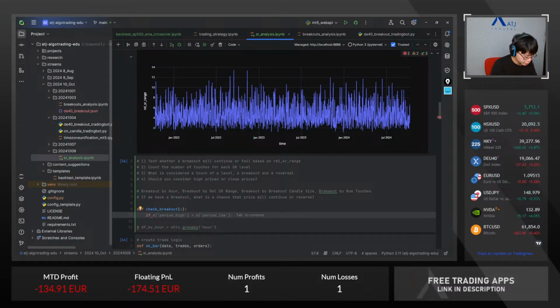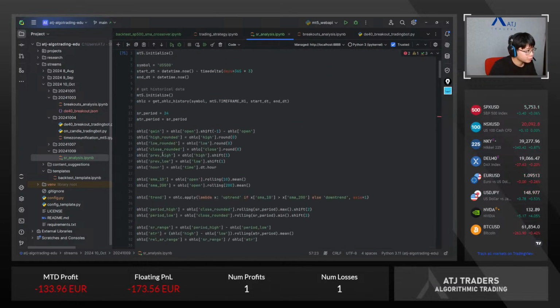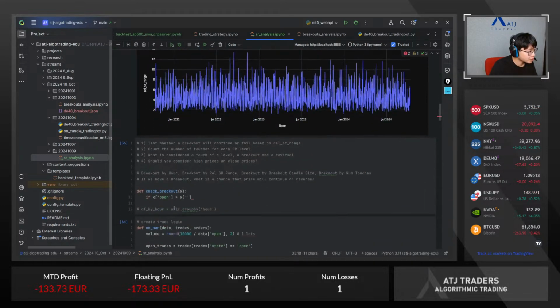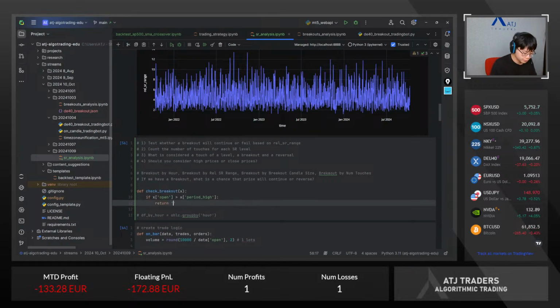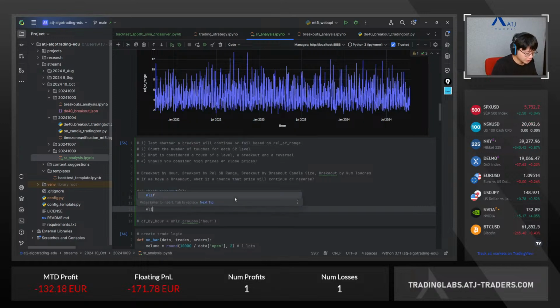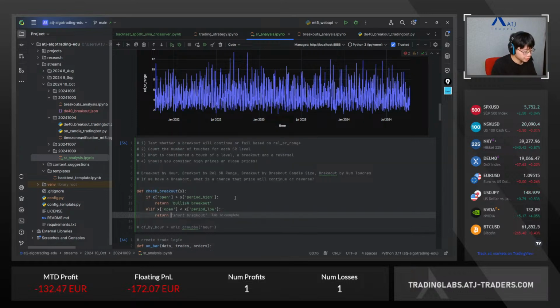create a very simple logic where if X open is greater than the session high, or the period high, then it's a bullish breakout. Then return bullish breakout, and otherwise, if X open is less than the period low, we return bearish breakout.